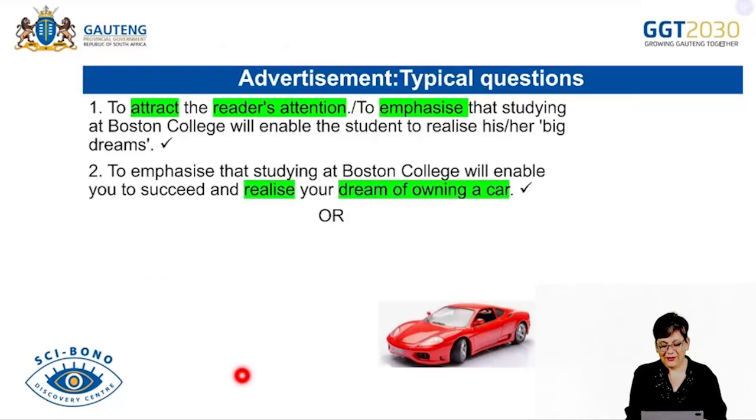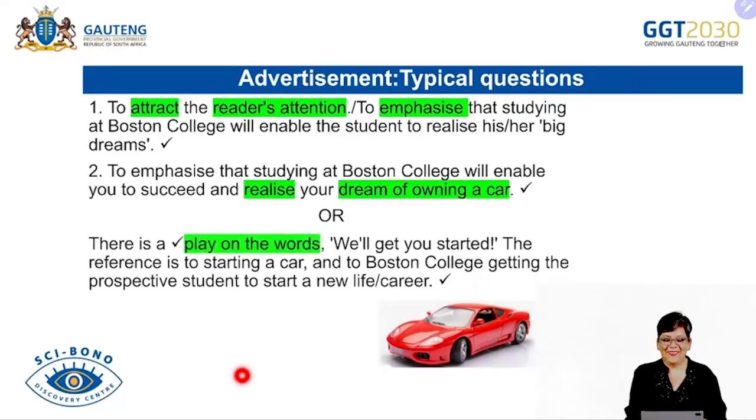Now, or you could have said, and maybe you've noticed it, there's a play on words. Remember they said, we'll get you started? Very clever. And now, we'll get you started is like referring to a car.